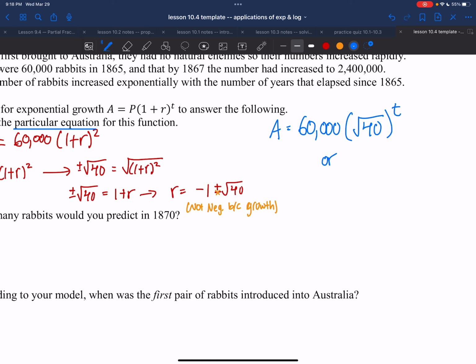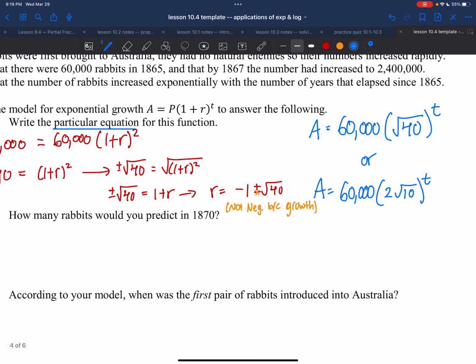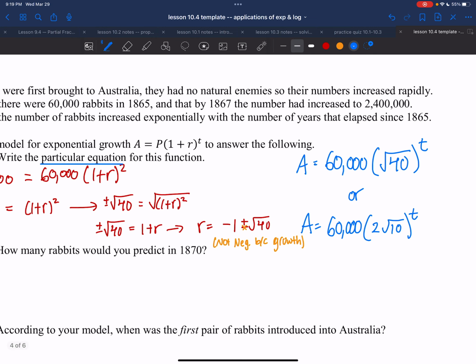I'll say or A equals 60,000 times 2 root 10 to the t. Personally, I'm more inclined to use square root 40 so that the base is very simplistic, right? You get rid of the square root. But whatever, it's not a big deal here.